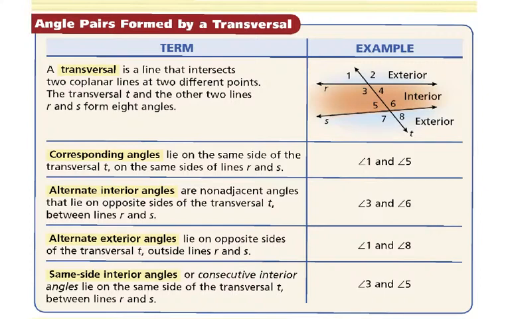Another pair of corresponding angles, I would say, is 3 and 7, because they lie on the same side of the transversal, and they're in the same position as each other. They lie on the bottom side of each of those lines, R and S. Now, if you go to the other side of the transversal, you have corresponding angles on that side too, such as 2 and 6.